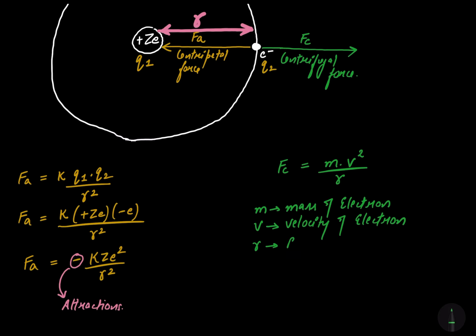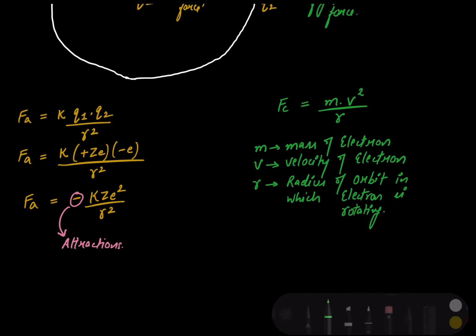It is the radius of the orbit in which the electron is rotating.